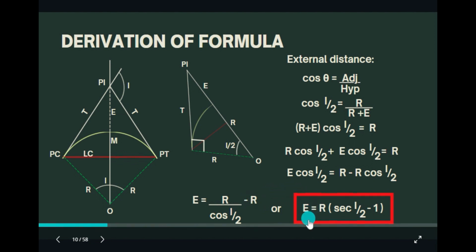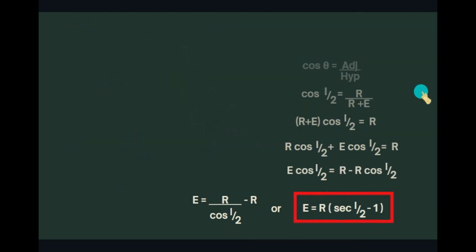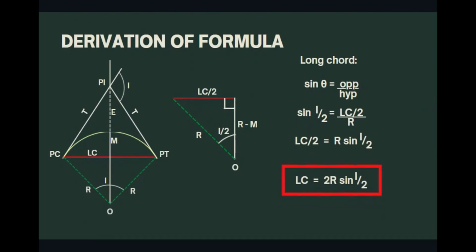So therefore we can say that the external distance is equal to R, open parenthesis, secant I over 2 minus 1, close parenthesis.